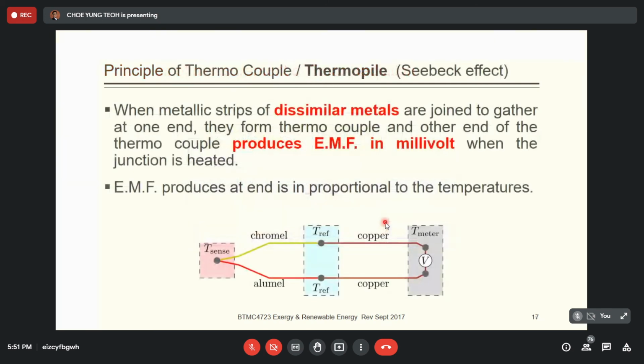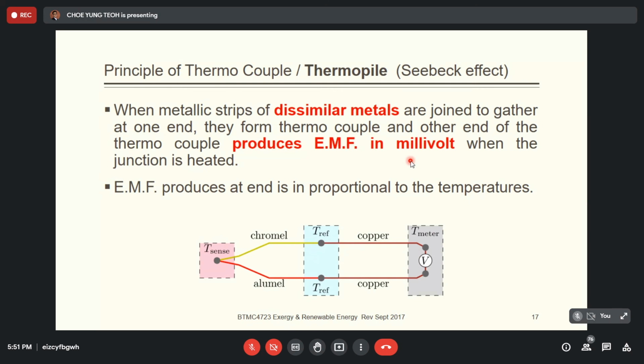Okay, first one is the principle of thermocouple or thermopile. This one we call thermopile, and the concept here we call the Seebeck effect. You can see that if I connect two different metals together and one is exposed to heat, then it will produce voltage, or electromotive force, in millivolts. Why do I want to mention millivolts?